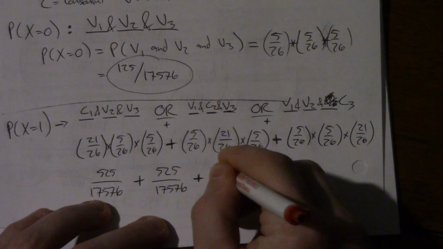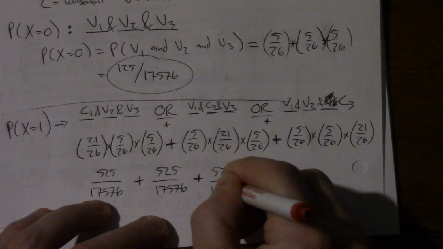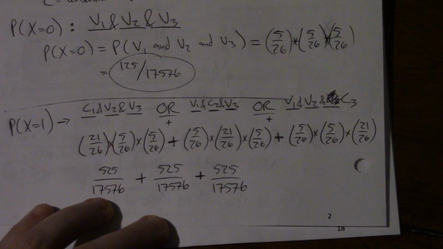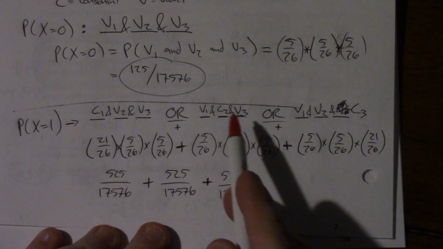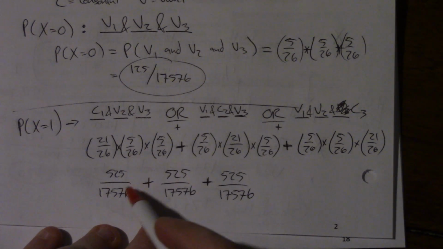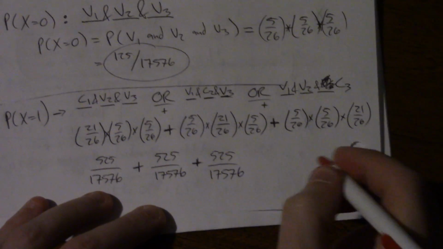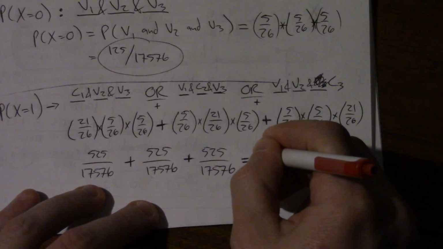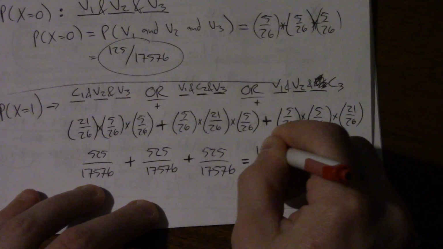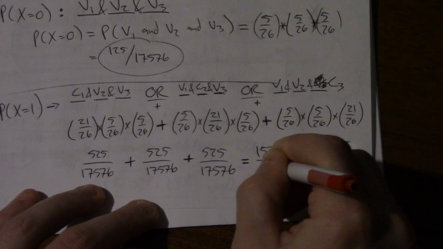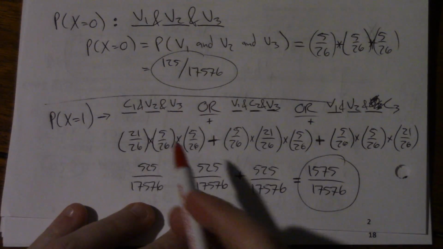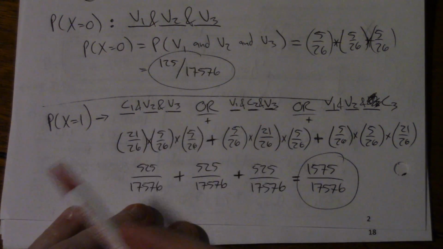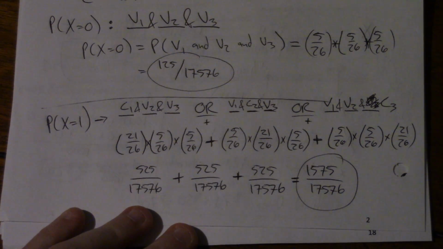But again, we get another 525 out of 17,576. So we've taken care of this first possibility, or the second, or the third. They're all the same value, so we just add them all together. So what you end up getting is 1575 over 17,576. And that's the probability that you would see one consonant in your 3 slips of paper.